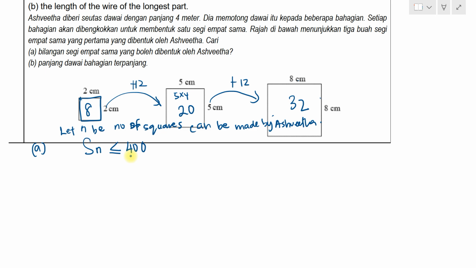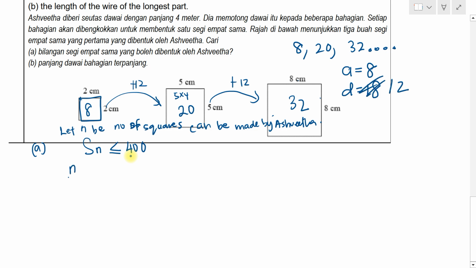Right. So what is our Sn? Now the progression is 8, 20, 32, and so on. So your A is equal to 8, your D is equal to 12. So n over 2, 2a, A is 8, plus n minus 1, your D is 12, less than or equal to 400.